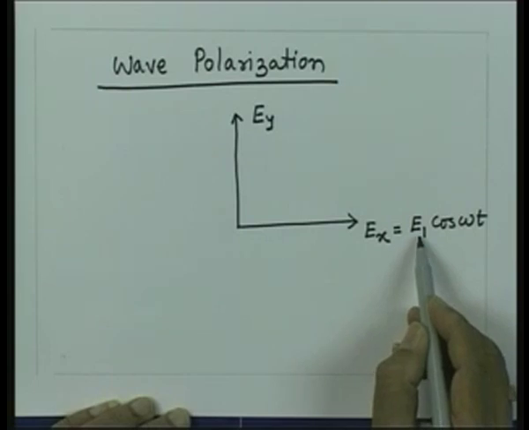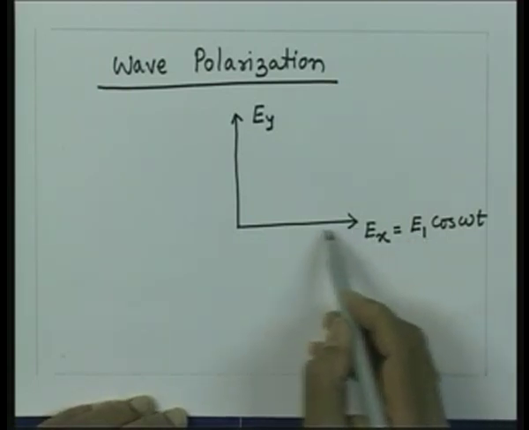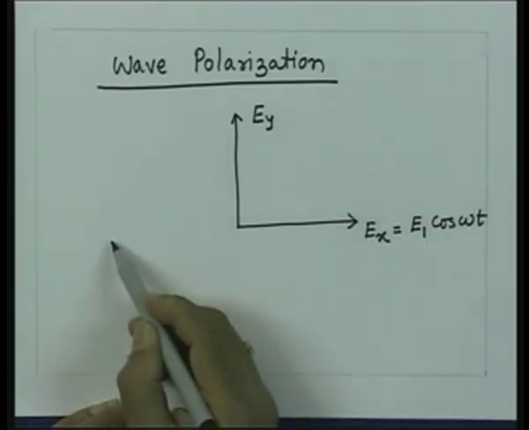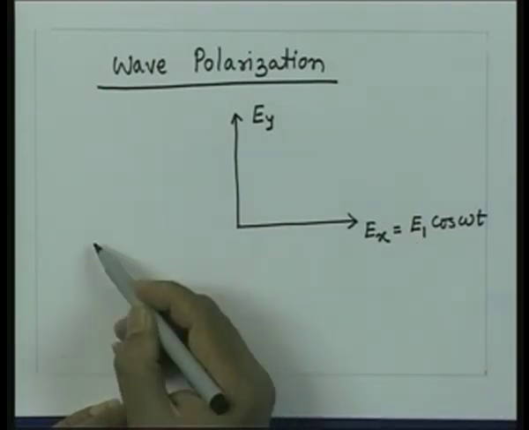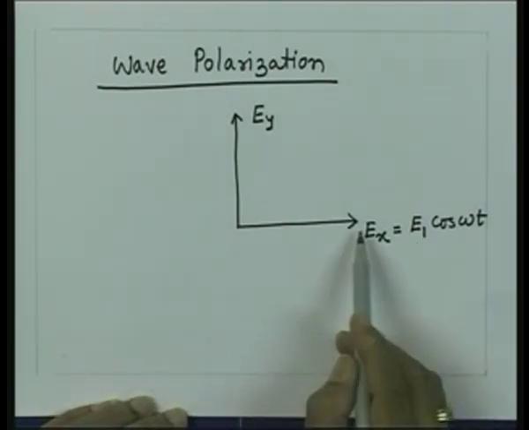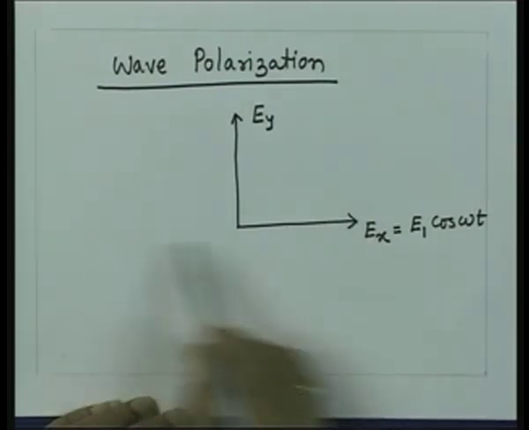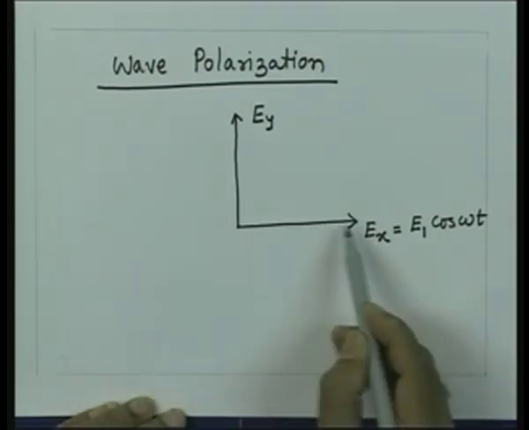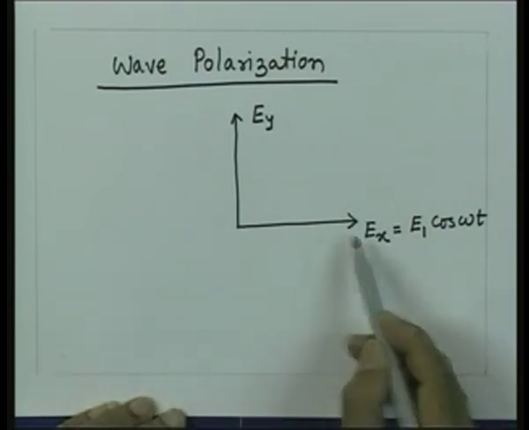Its amplitude goes maximum of E1, it comes here, then changes direction, goes up to minus E1 and so on. So, if I treat it like an arrow, the tip of the arrow will be oscillating like this as a function of time.